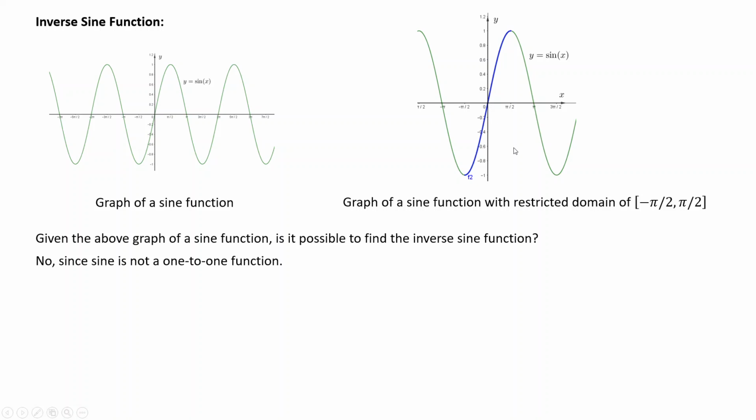The answer is, if we were to pick this and then I say, okay, find sine inverse of 0.5, would you be able to find it? Yeah, you would. Go to a y value of 0.5, draw a horizontal line, see where it cuts the graph here, and come down and measure the x value. And we know that would be pi over 6, right?